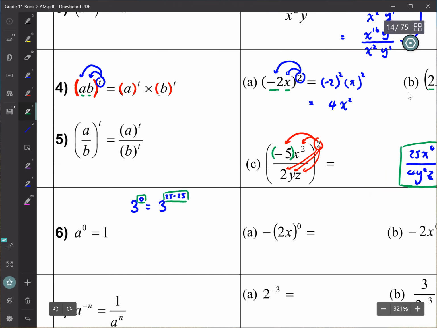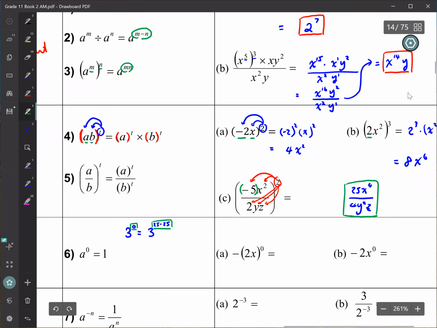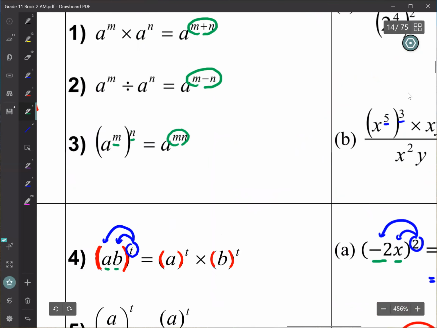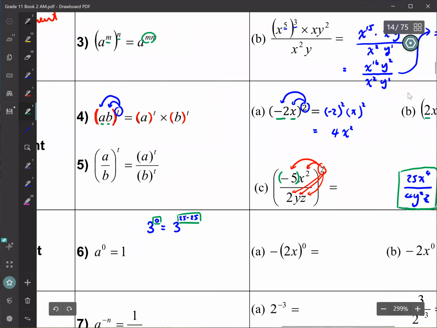Okay, so now think about rule number 2 backwards. If you are subtracting, then it's the same as dividing same bases, right? So I can write it as dividing. So it'll be the same as 3 to the 25 divided by 3 to the 25.